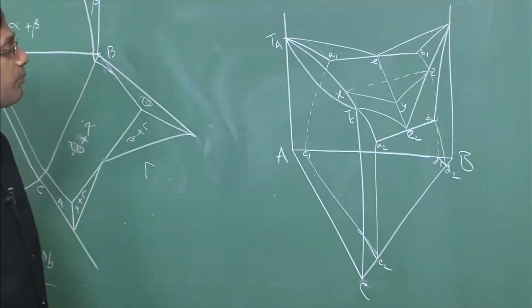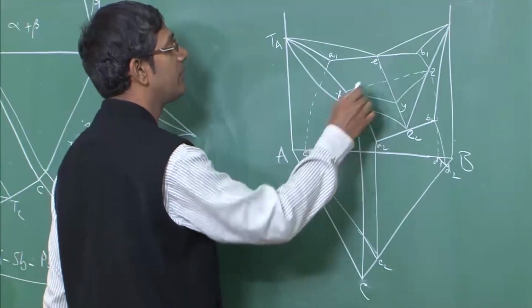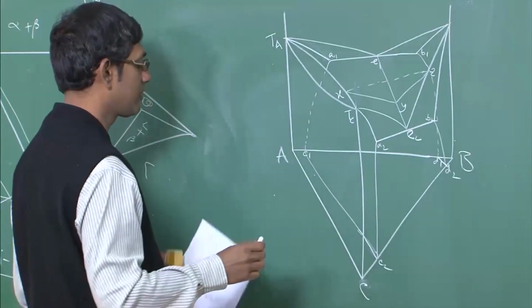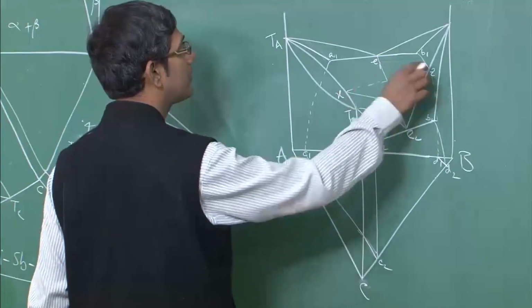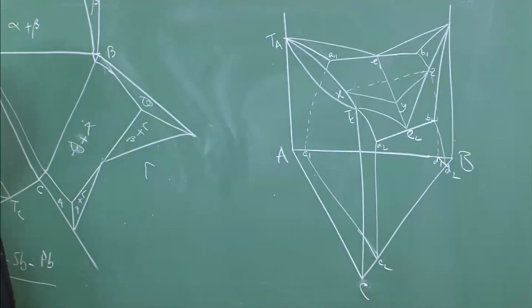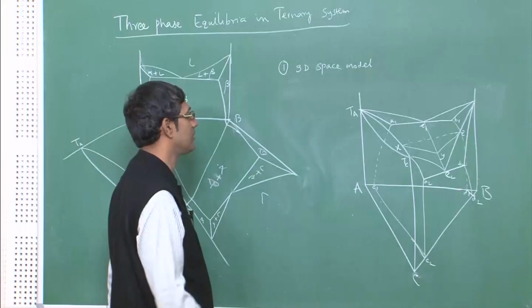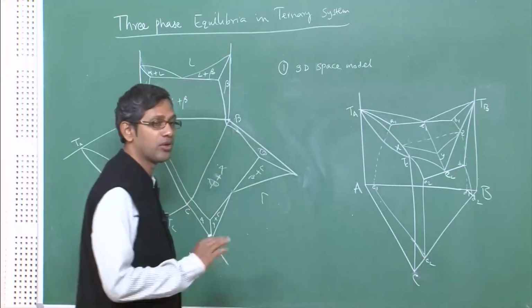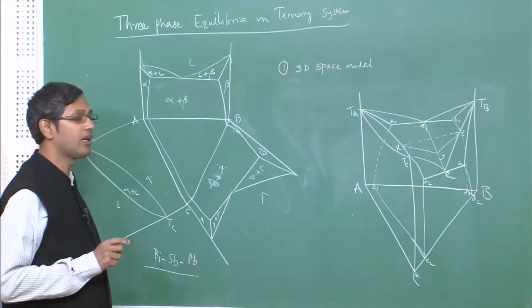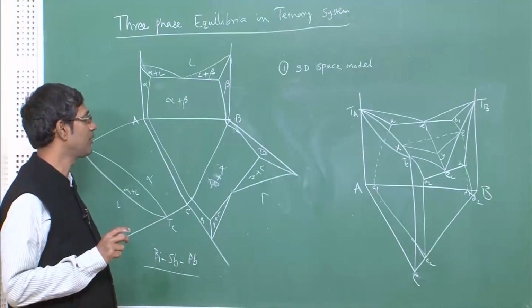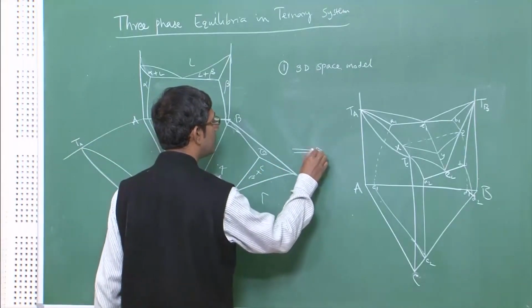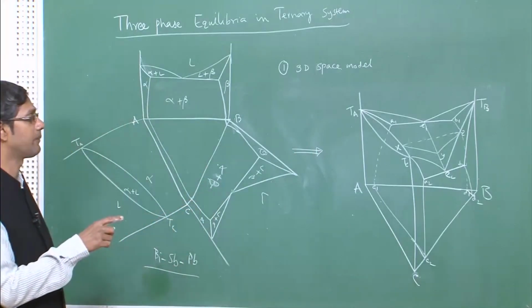So, basically the point I am trying to make is that the ternary equilibrium between alpha, beta and liquid has a triangular shape. I have not marked the phases here, otherwise it will be complex. This is the tie triangle which we are discussing, which we are going to do much more in the next series. Okay. So, this is T B. I hope you can draw this yourself. Initially when you start drawing it might look a little bit complex, but you should try drawing it yourself. So, we have generated the ternary phase diagram from these binaries as you see here.